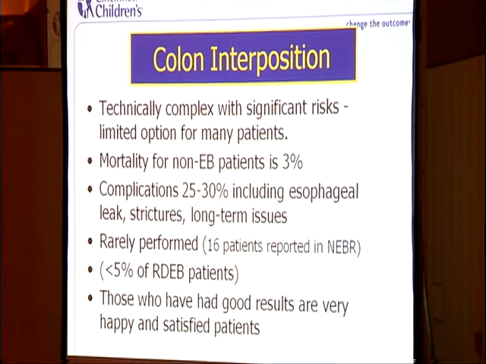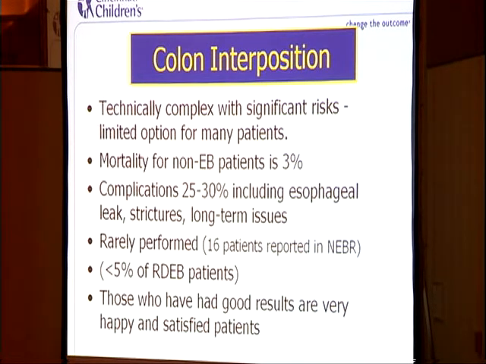Now, when you look at the National EB Registry, there's about 3,286 patients in the registry. 400 of these patients are recessive dystrophic patients. 16 of these patients had a colonic interposition.